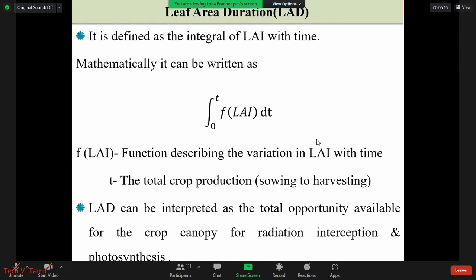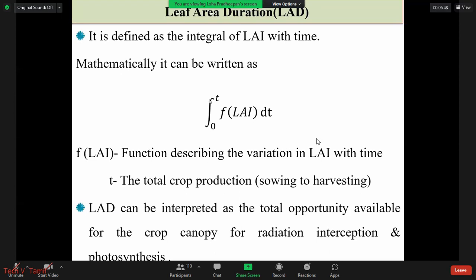Then the next parameter is leaf area duration. This is the integration of the leaf area index with time. Here, F(LAI) is the function describing the variation in leaf area index with time.